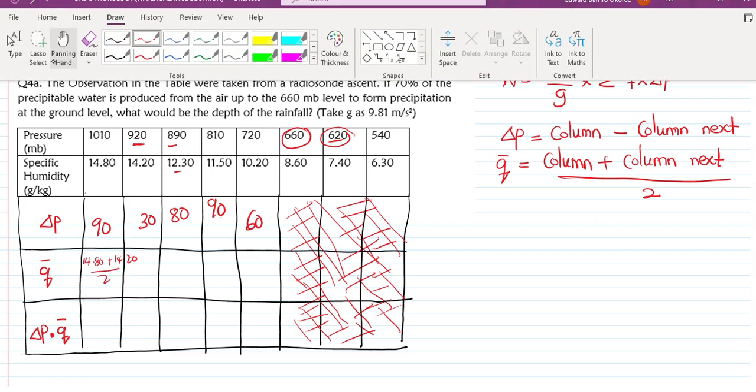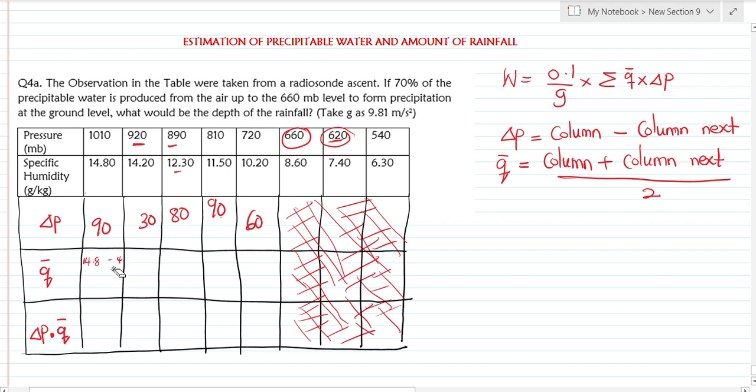So this is 14.80 plus 14.20 all over 2, which gives 14.5. Then 14.20 plus 12.30 divided by 2 gives 13.25. Then 12.30 plus 11.50 is 11.9. Here we have 11.50 plus 10.20, that is 10.85. And here we have 10.20 plus 8.60, and that is 9.4.